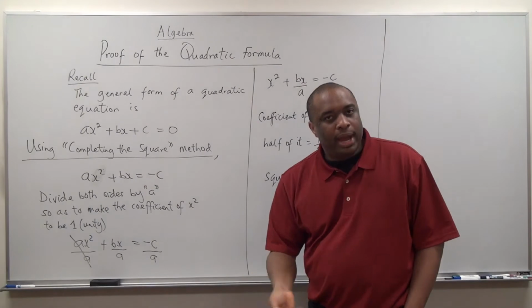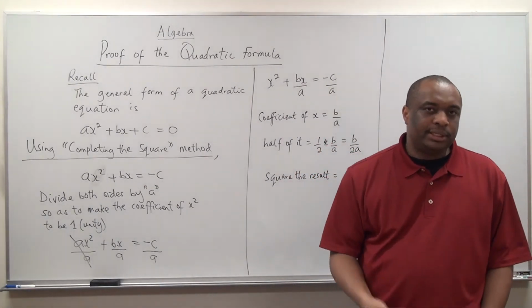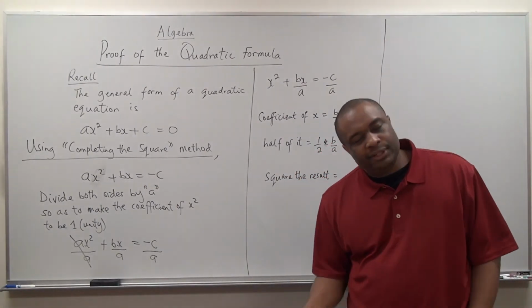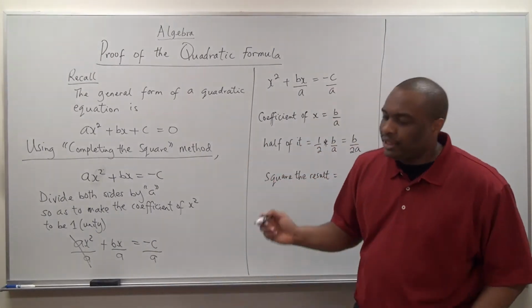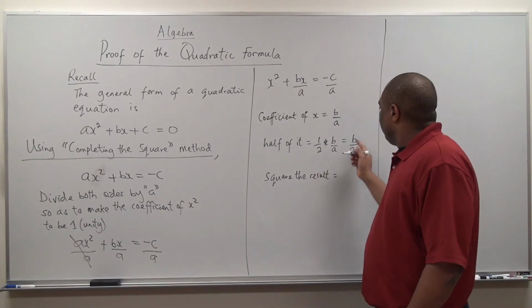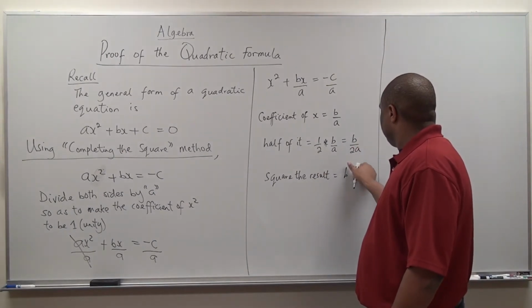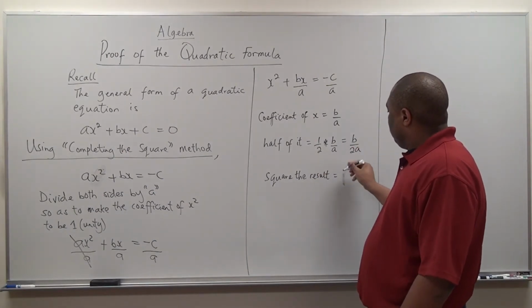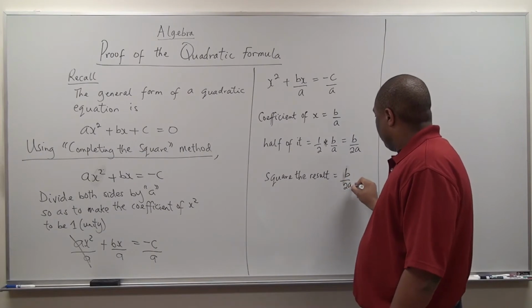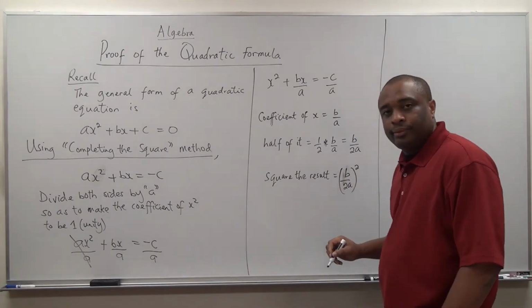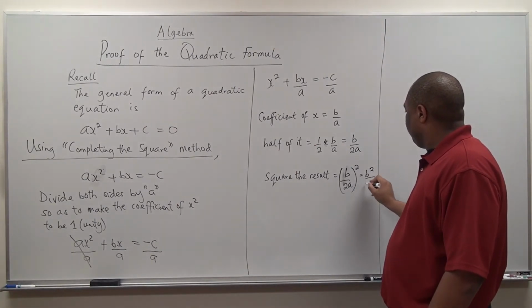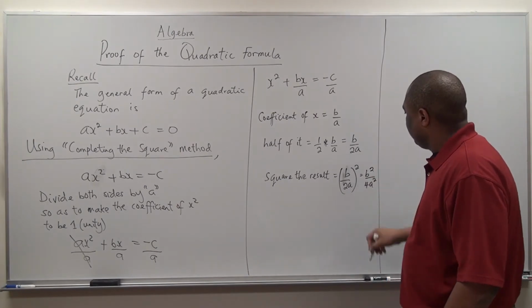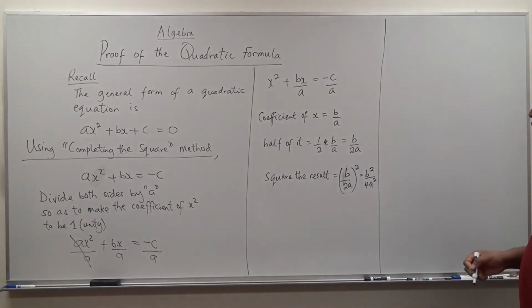Remember, it is the square of half of the coefficient of x, as in that video. So if you square the result, it will be b over 2a all squared, and that will give you b squared over 4a squared.